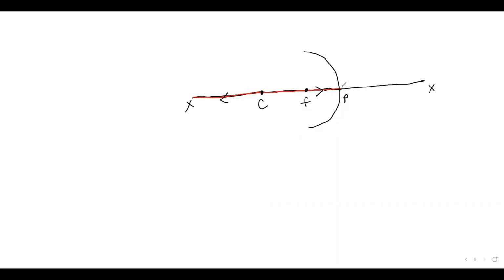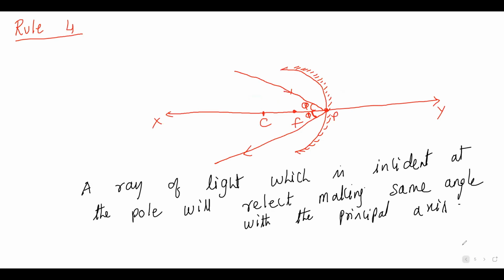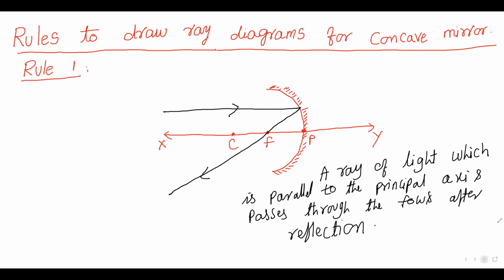Through these two rules, we can say that if a ray is passing along the direction of the principal axis, it will be incident on the pole and return back along the principal axis. Got it? This is a special case. Sometimes they ask this question. Okay. These are the rules. We'll continue ray diagrams in the next class.